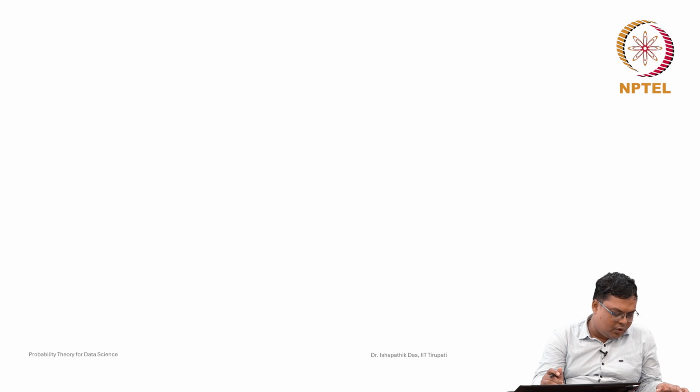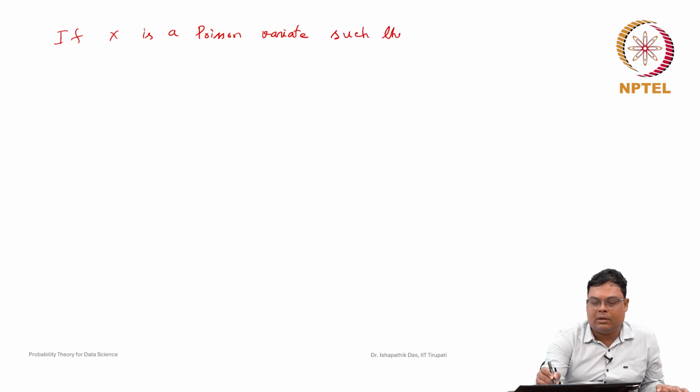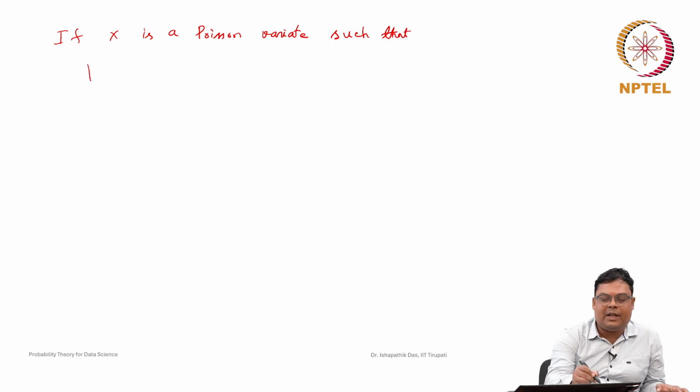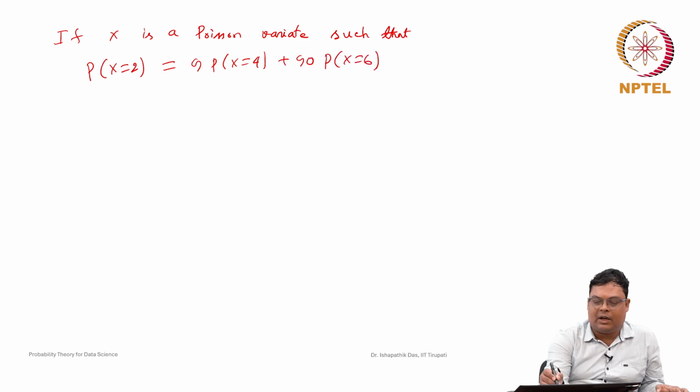Suppose x is a Poisson variate such that the probability that x is equal to 2 is equal to 9 into the probability that x is equal to 4 plus 90 into the probability that x is equal to 6.